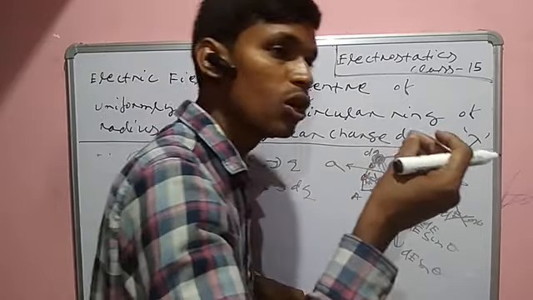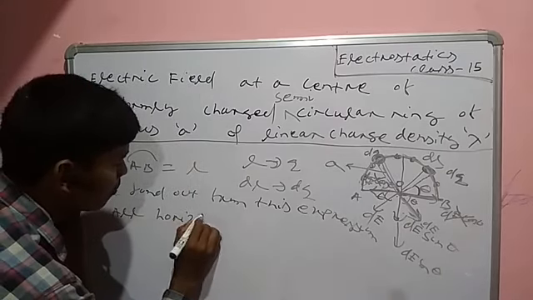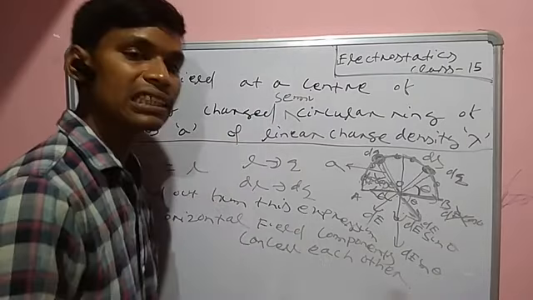Here, we find out from this expression that all horizontal electric field components cancel each other. Listen, all horizontal components cancel each other.